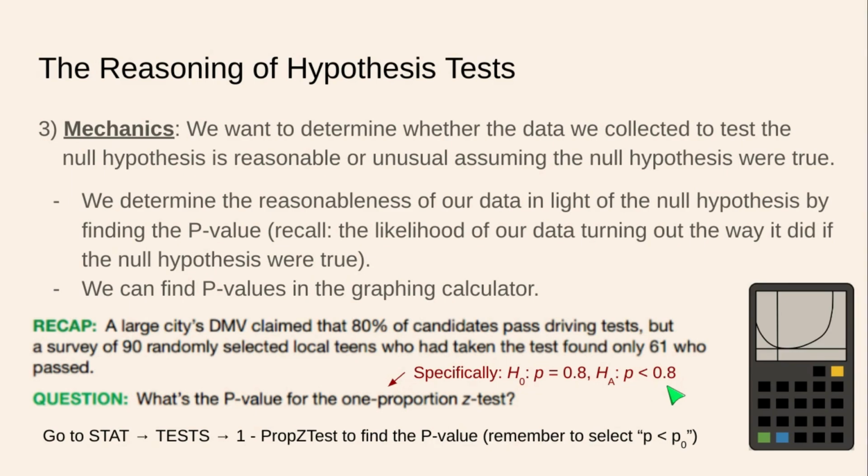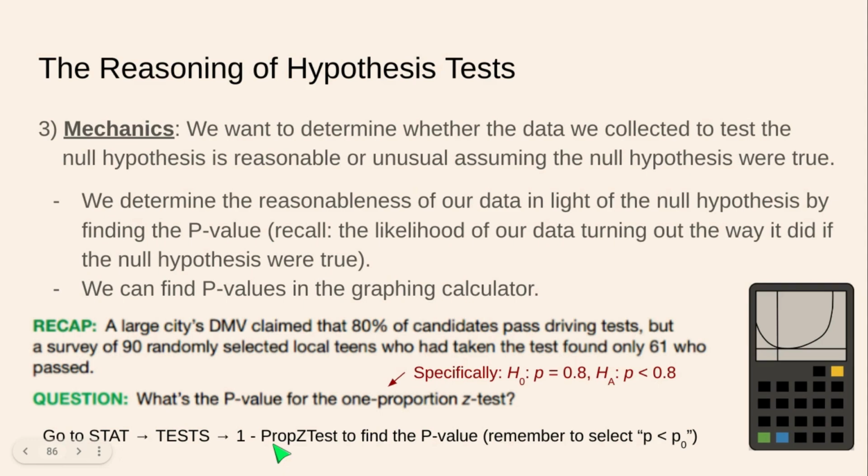So to find the p-value, the likelihood of getting that 61 out of 90, assuming this 80% were actually true, how unusual is it for us to get 61 out of 90 if this were the gospel truth? Well, we're going to go to the calculator, we go to stat, we go to tests, and we go to 1 prop z test, all right?